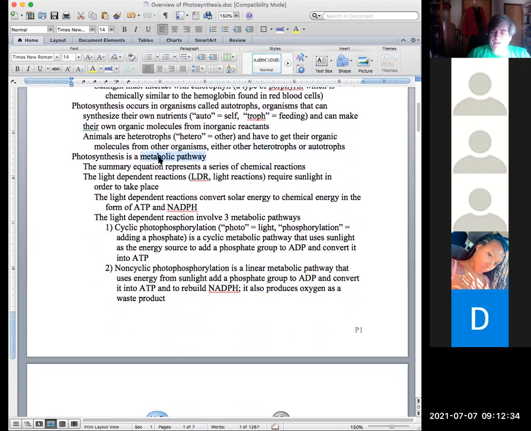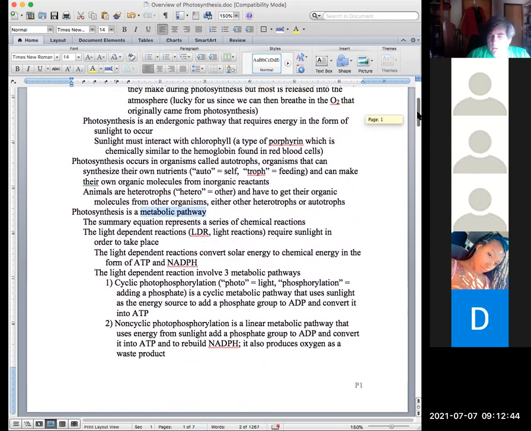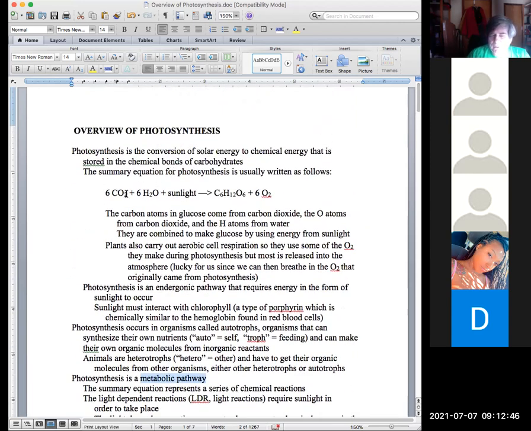Well, photosynthesis is a metabolic pathway. Remember what we said the other day, there are very few metabolic reactions that happen in an isolated fashion in living cells. So this is a metabolic pathway. If we look at the equation, remember what we said to start with. Since the reactants are absorbing energy and storing it in chemical bonds in the products, especially in glucose, but even a little bit in oxygen.